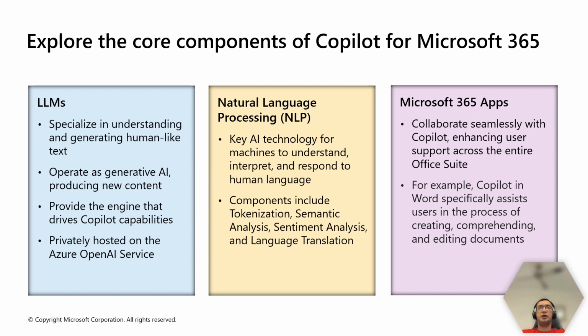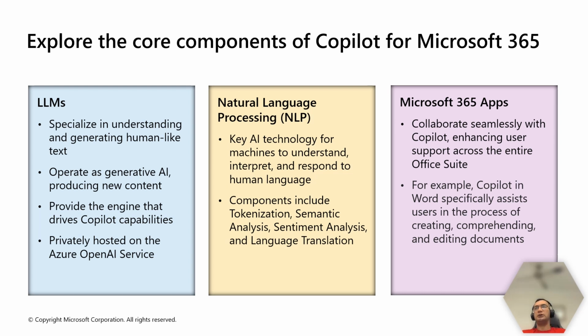The second component, natural language processing or NLP. This is the key AI technology for machines to understand, interpret, and respond to human languages. And components that it has include tokenization, semantic analysis, sentiment analysis to understand the feeling or the tone of the user, and also language translation.